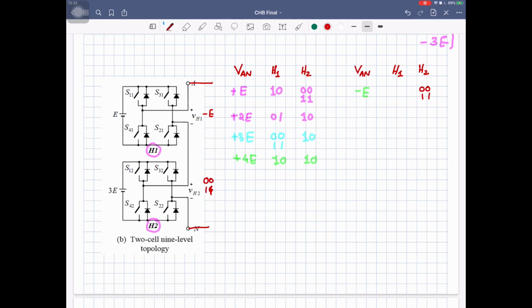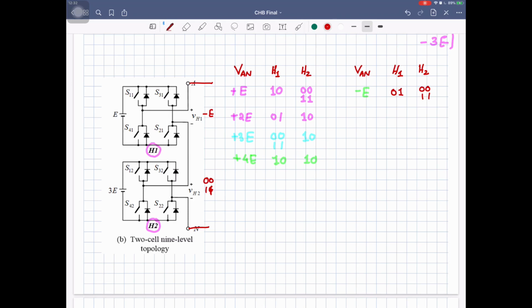That's 0 1. The 0 1 combination will give me minus E. So the H bridge inverter of the high side will have switching code 0 1, and the lower side will have 0 0 or 1 1. So I will get minus E.